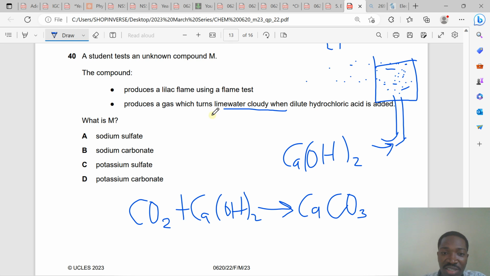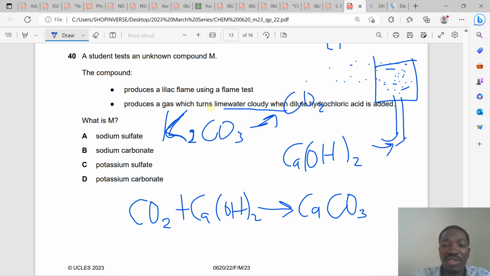When carbonates are heated, all carbonates, whatever this one is, be it calcium, potassium, or magnesium, let's assume it's potassium, when heated they produce carbon dioxide. It is this carbon dioxide that turns lime water milky. So we know about the carbon dioxide.